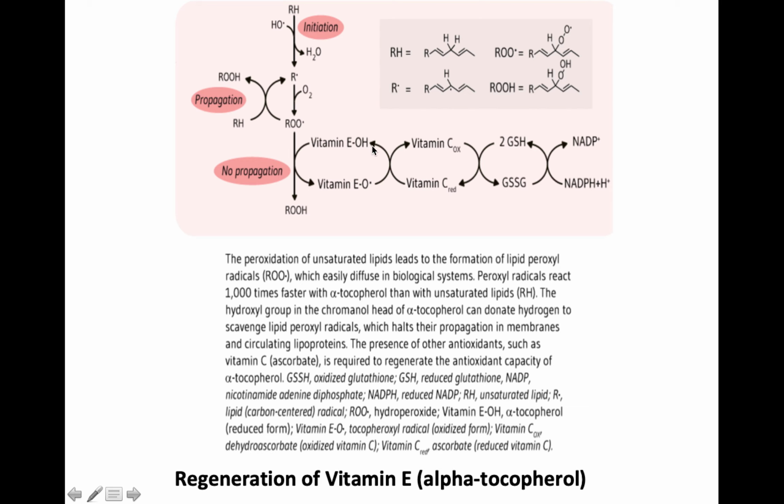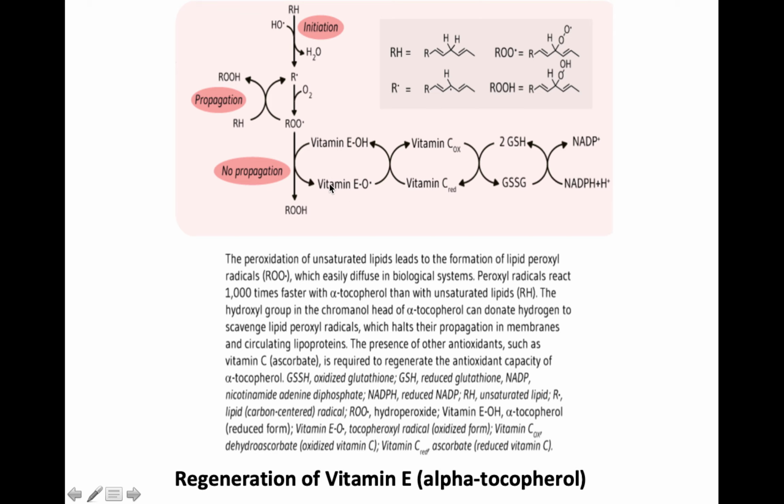This hydroxyl group helps in neutralizing the lipid peroxy radical into ROOH. By doing so, the lipid peroxy radical is neutralized, and in this process vitamin E is oxidized into the vitamin E O dot.